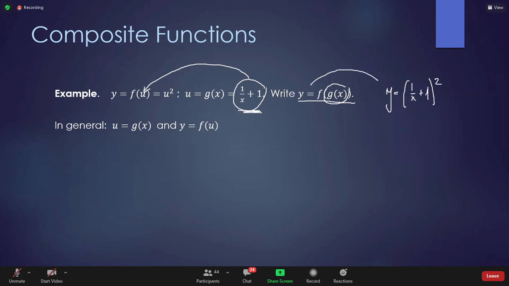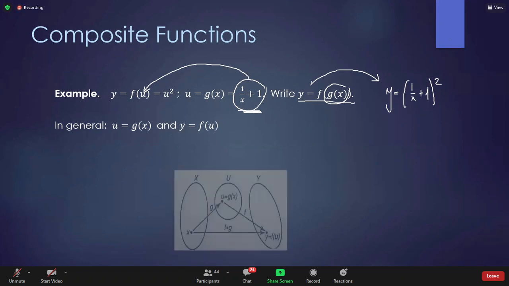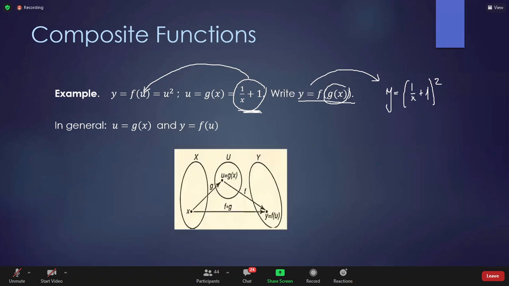This is a composite function. In general, we first take x and map it onto u, that is, we use the g function, the interior or inner function. We apply the function g to find the u value as the value of function g.